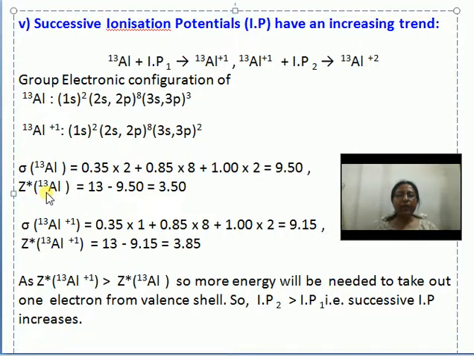The meaning is that more energy will be needed to pull out one electron from this aluminium plus ion. So this IP2, the second ionization energy, will be more than the first ionization energy. So using Slater's rule, we could tell that the successive ionization potentials or ionization energies have an increasing trend.